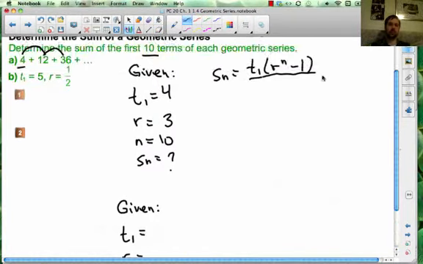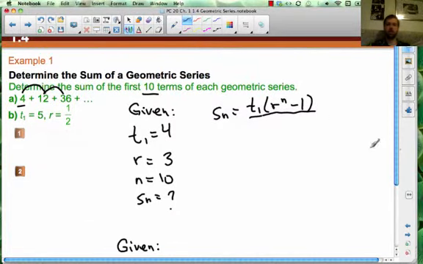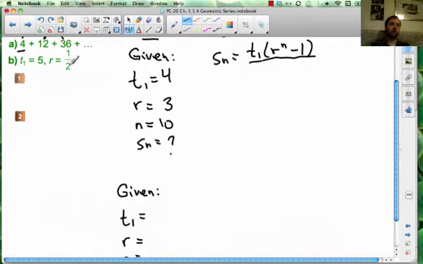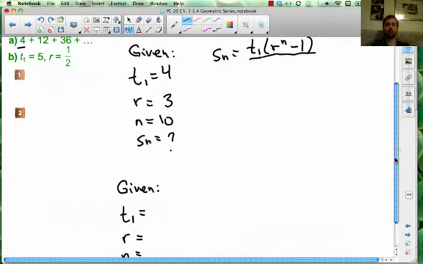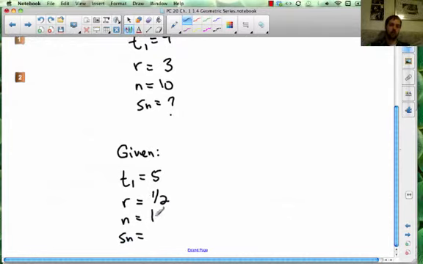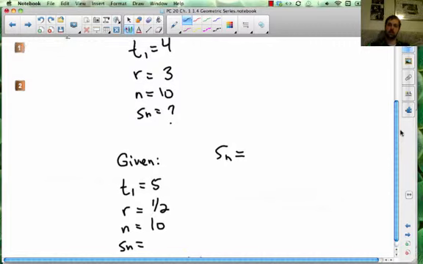So let's look at the second one here, b. So t1 equals 5, r equals 1/2. All we're given are the first term and the common ratio, but that's nice, we don't have to find anything. So n will still be 10, and we want to find the sum of the first 10 terms here.